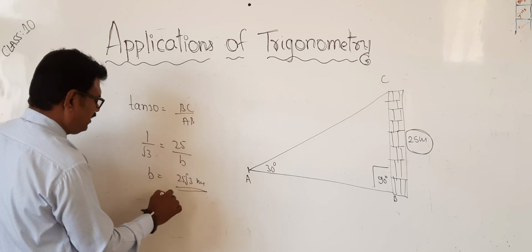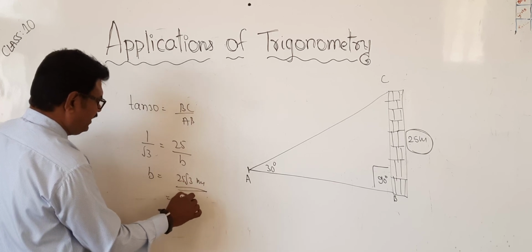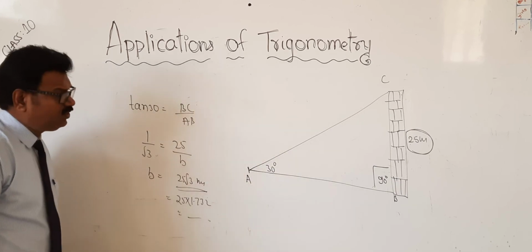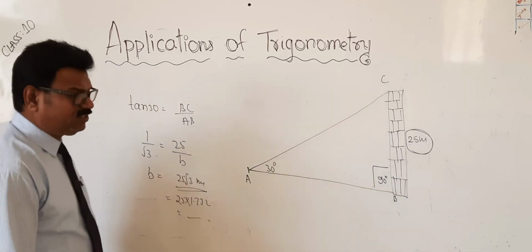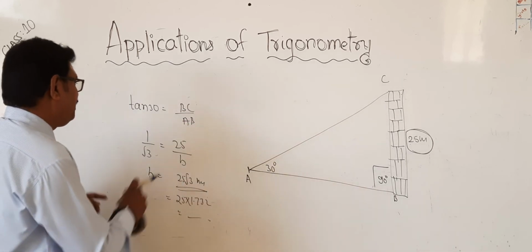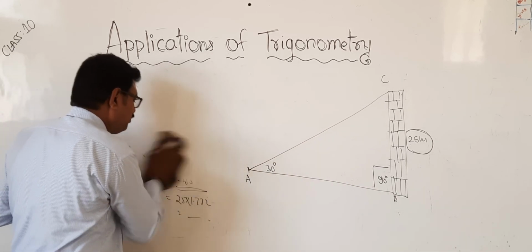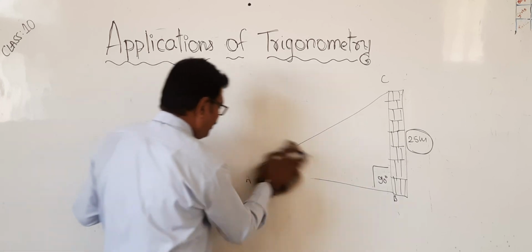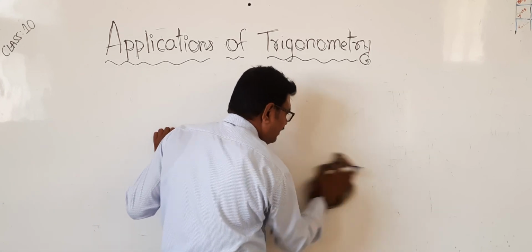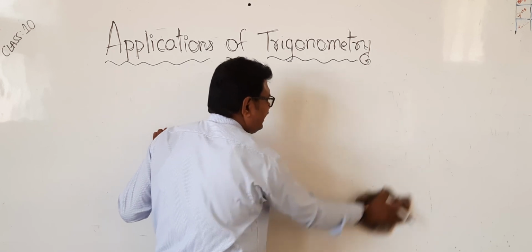Otherwise you can calculate 25 into 1.732. Okay? So like this we have to solve the problems. This is nothing but applications of trigonometry. We will see many different problems on this. Now we will directly go to the exercise.